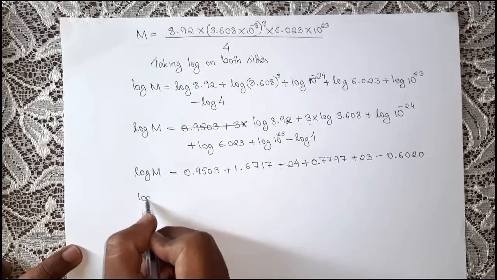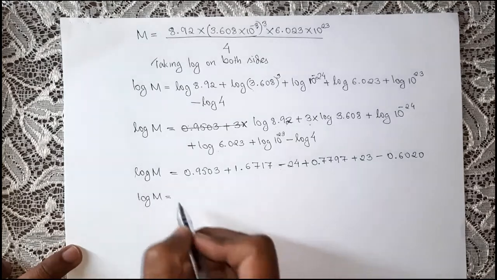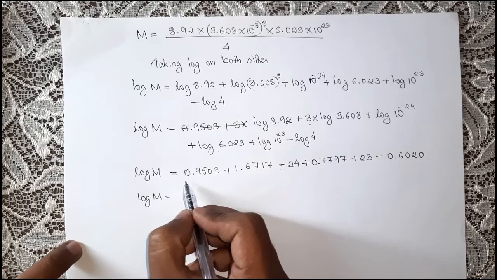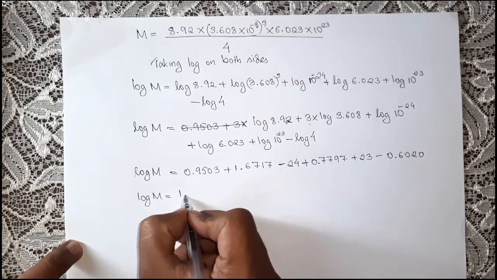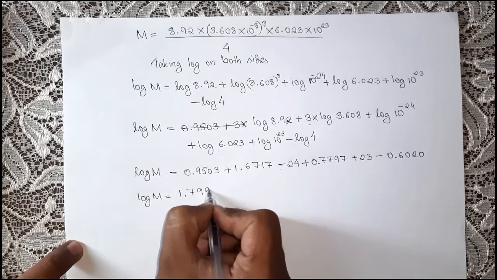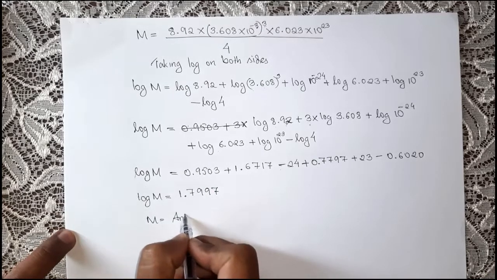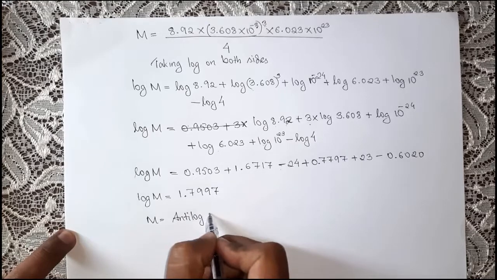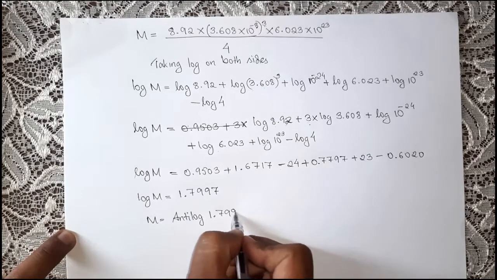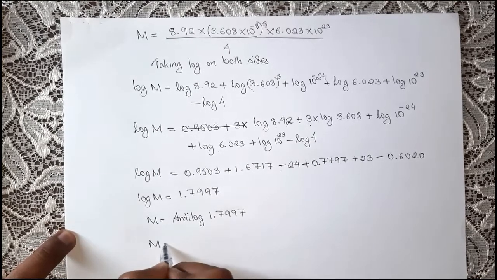So now we will take their values. If you calculate these values, we shall have 1.7997, and then m will be antilog 1.7997.